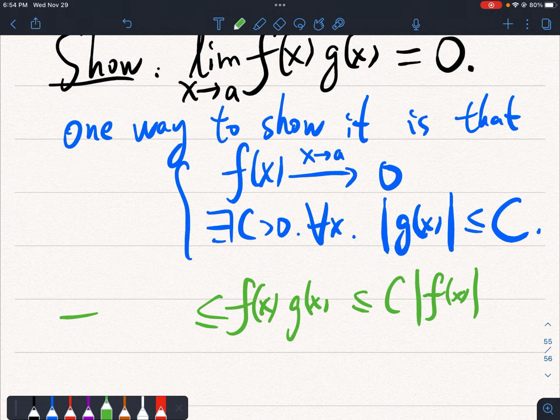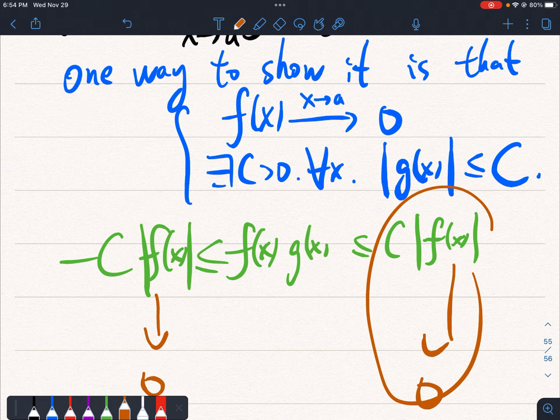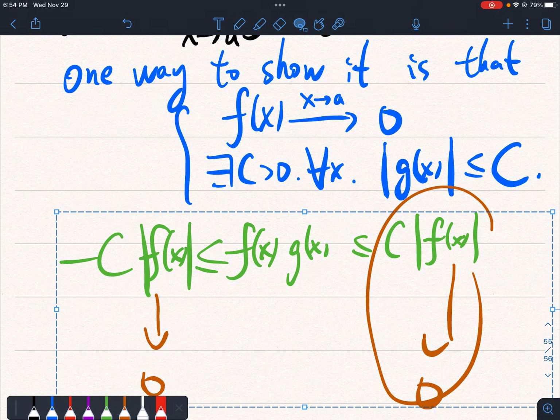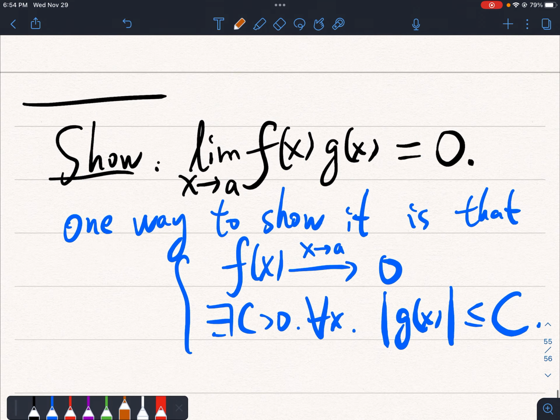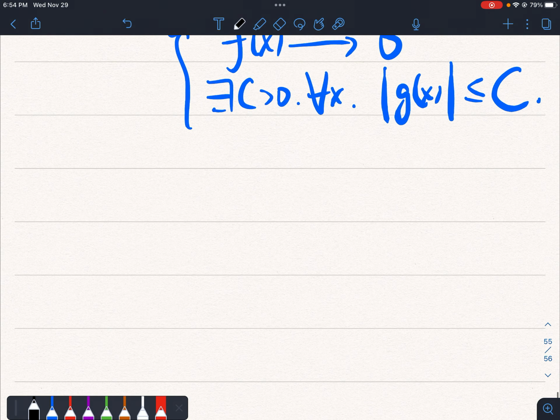So if you remove this absolute value, then it will be bigger than or equal to minus c times the absolute value of f of x. And then because f of x approaches 0, the absolute value also approaches 0. If you multiply by negative c, it also approaches 0. And this also approaches 0, so this must approach 0, right? So this is the proof.